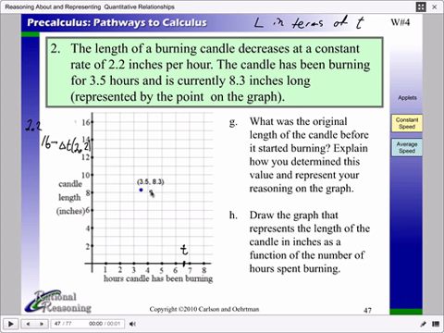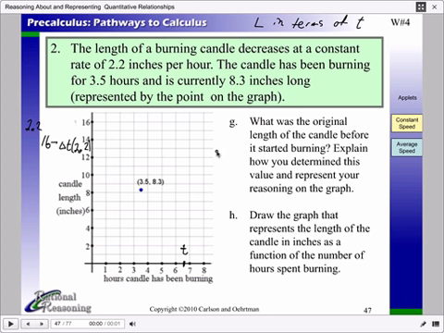So starting at 3.5, going to any time t, if you go over 1 hour to find the slope, which is 2.2, you plug that into y equals mx plus b. Y and x are L and t respectively. The slope is 2.2, and you find that by going from one point to the other.